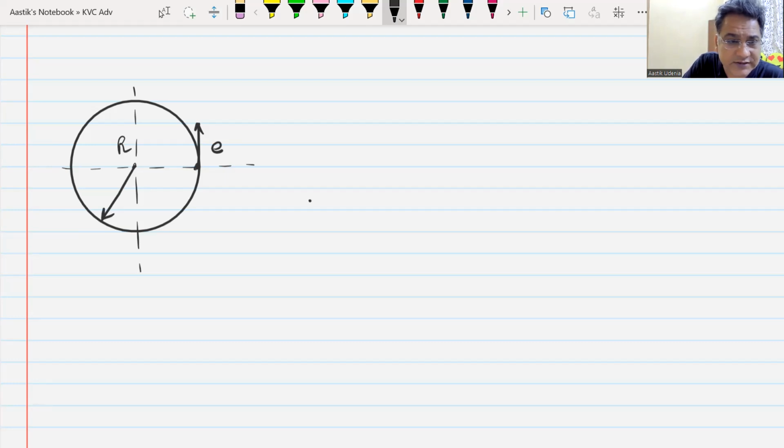What would be the answer for this one? I'll give you a minute to tell me the answer. This electron is moving with a velocity v. I forgot to tell you that.